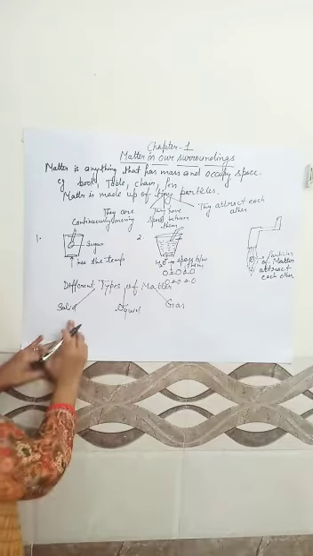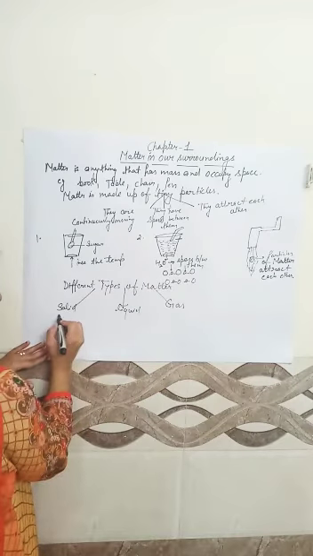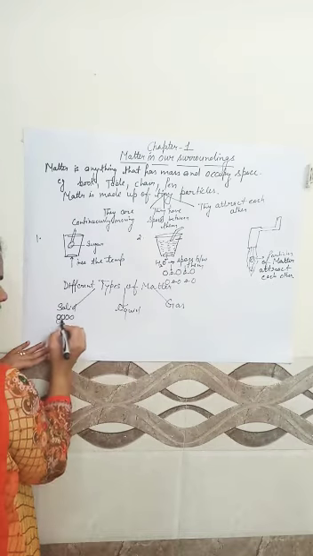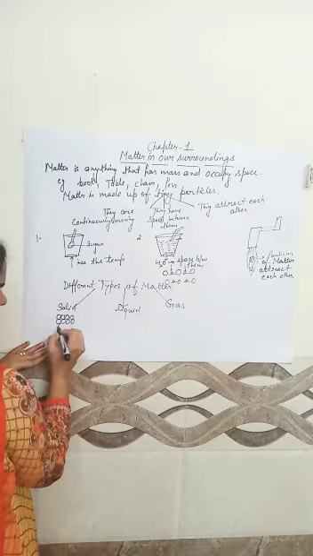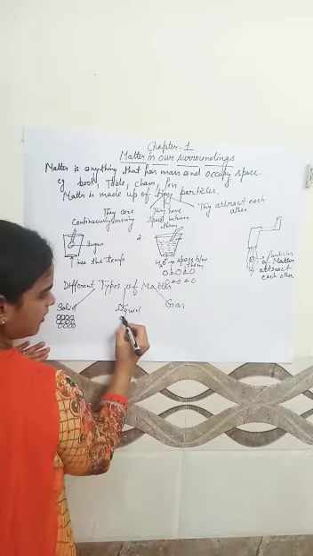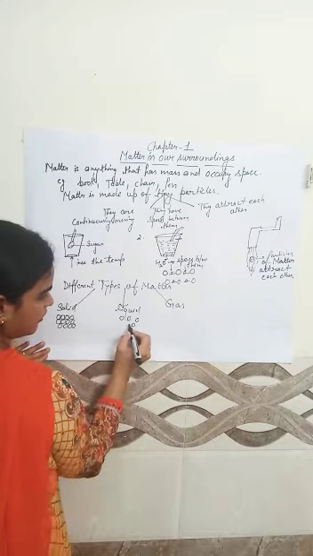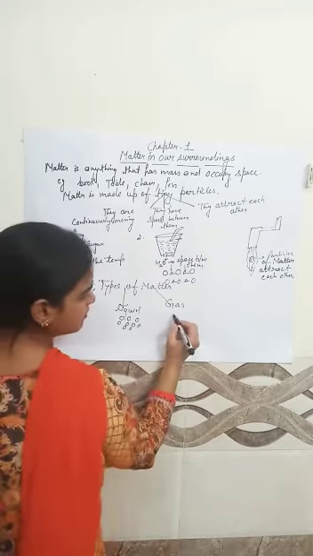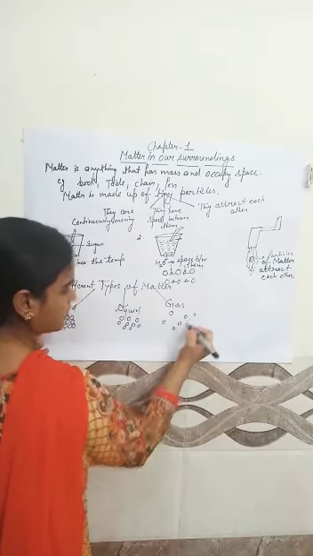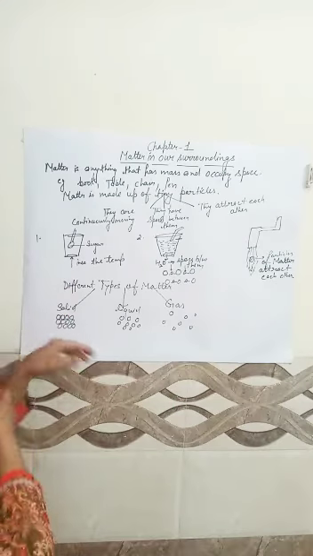Now the first one, solid: the particles of solid combine in this way. They are a tightly packed structure, and the particles of liquid lie in this way. They have space between them, and the particles of gases are far off from each other. There is much space between them.